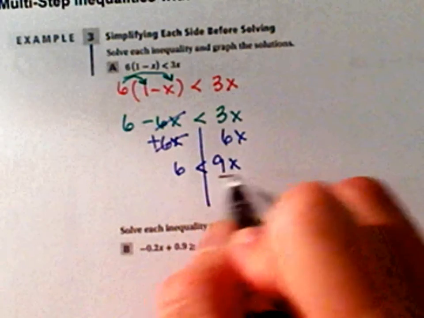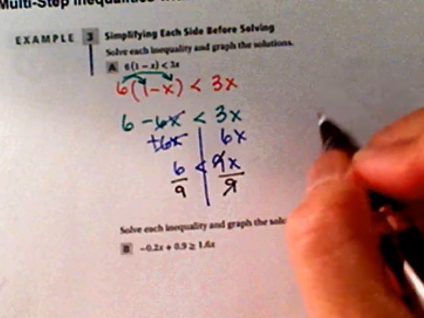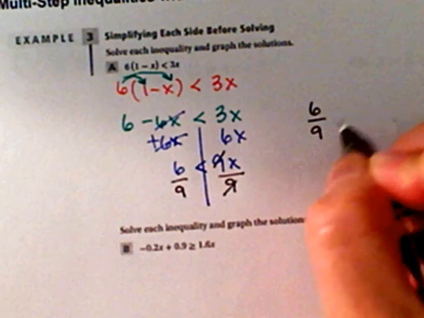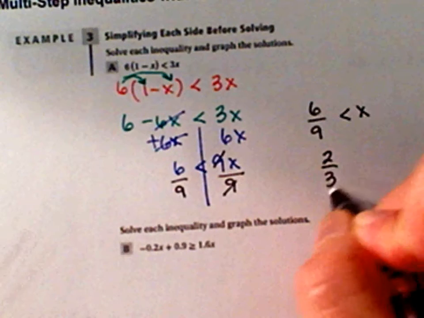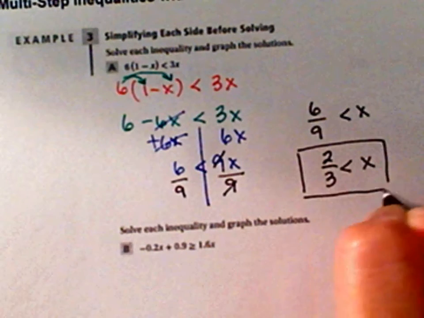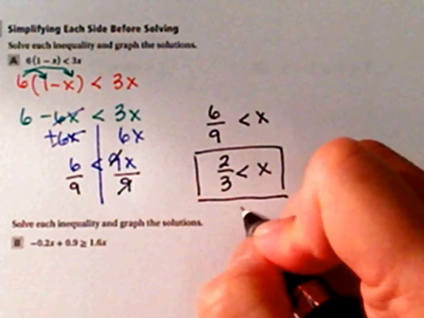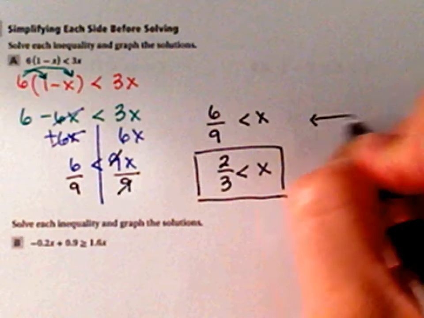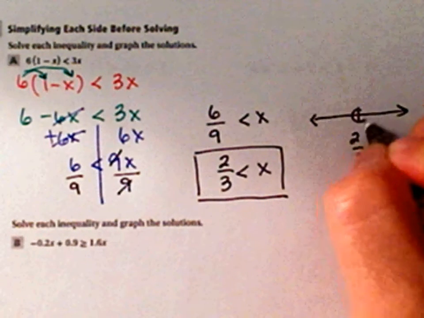Divide by 9, divide by 9. 6 over 9 is less than x. 6 over 9 is the same thing as 2 over 3 is less than x. To graph, 2/3, open.